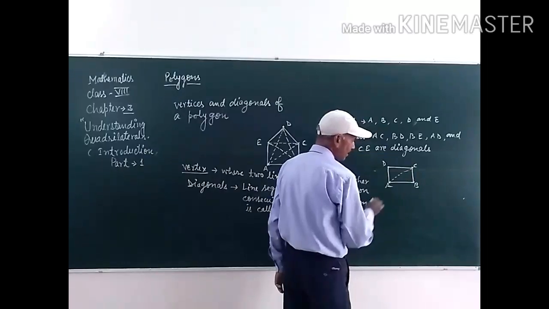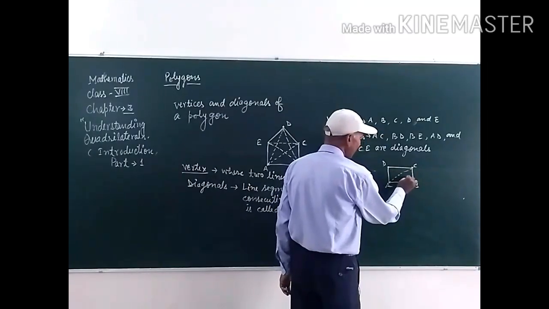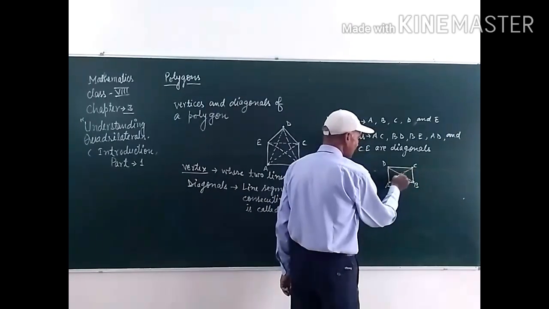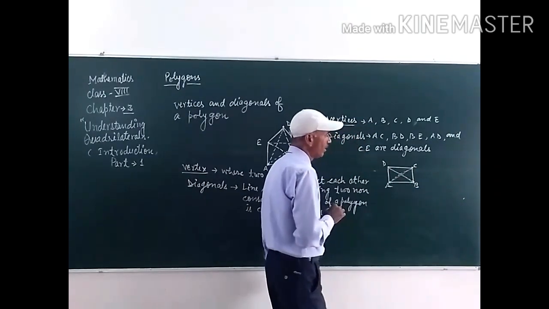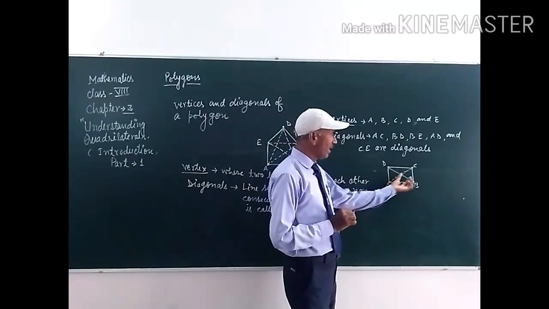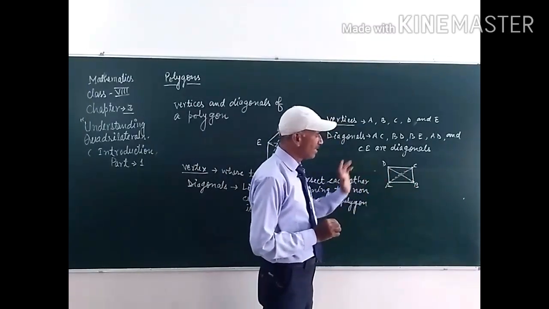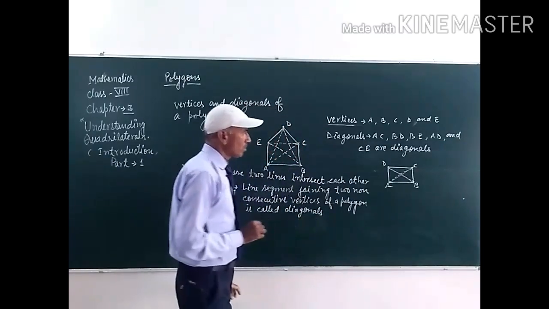The first diagonal is AC and the second diagonal is BD. These join the non-consecutive points or vertices. These are the diagonals.